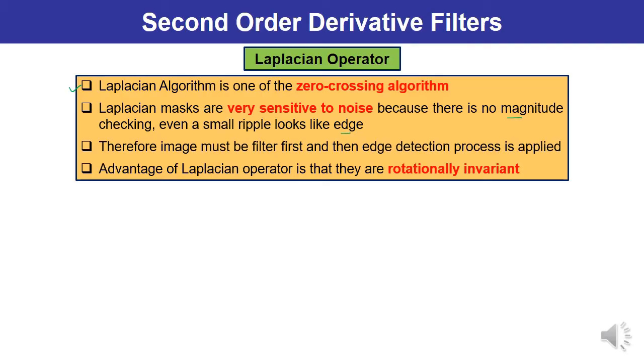So that is why you are saying that this mask is very sensitive to noise, and for applying the Laplacian operator we have to be extra careful. It means the image must be filtered first and then the edge detection process is applied. So before the edge detection process, the image must be filtered, must be smoothened out.